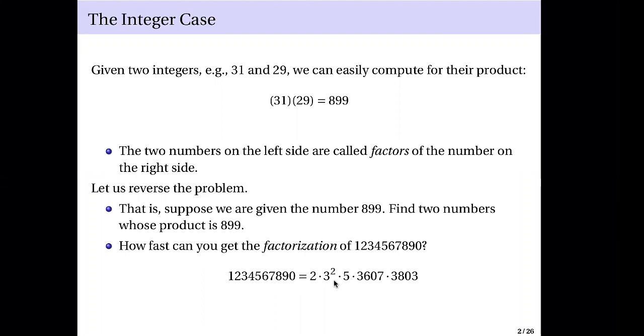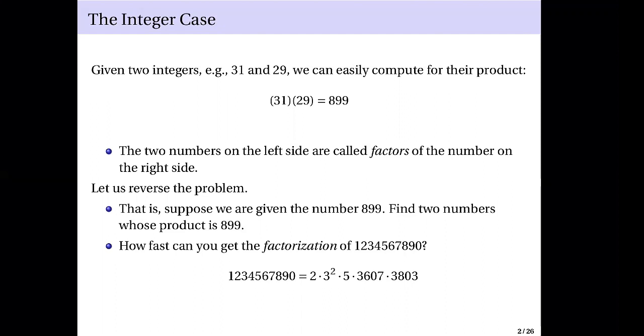I would have started dividing this by 2. It's easily seen. And the next prime number that I can use is 3. And then I will have to try 3 again, and I will have to try 3 again, etc., until it's no longer possible. And then I will go to the next prime number, which is 5. I will try 5, and then it will be divisible for the first time.